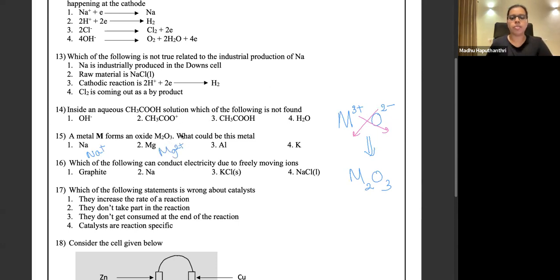Magnesium is forming magnesium 2 plus because it's from group number 2. Aluminium, it's from group 3, so it goes to aluminium 3 plus. This is a sensible metal. And potassium, once again from the first group, it forms K plus. Right, it's a small one.